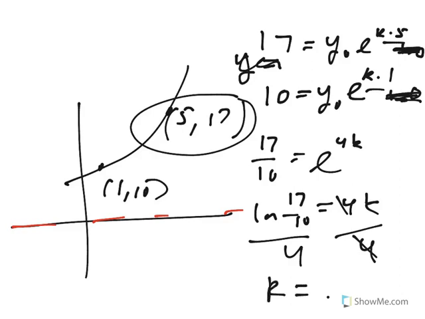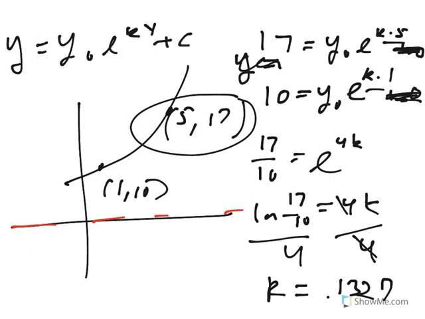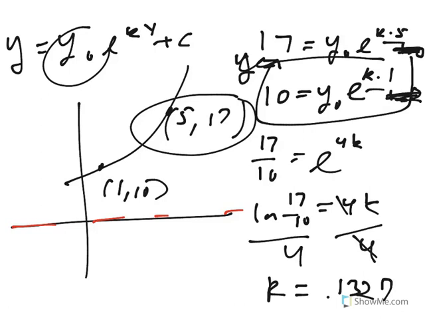As a number on a calculator, it's about 0.1327. So that's the k value. Remember, there's two things. There's the y0 and the k. To solve for y0, I would take this equation right here and say that y0 is 10 over e to the k.